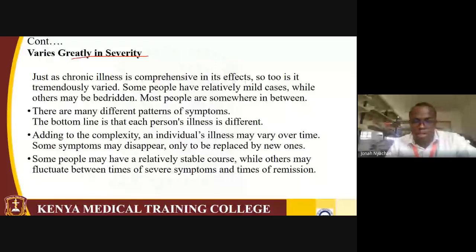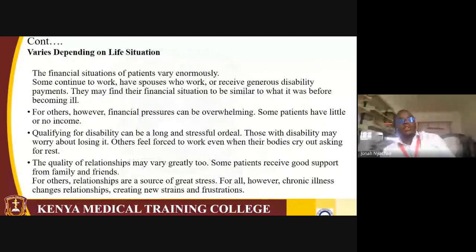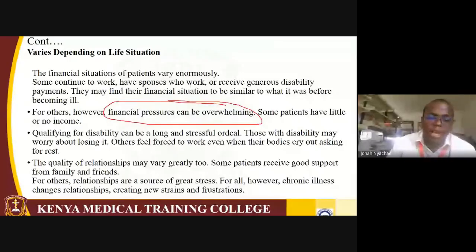There are those who are stable and those who are not very stable, and they may require overwhelming treatment, which can cause financial pressure to the persons closely associated with them, and this can bring stressful ordeals.